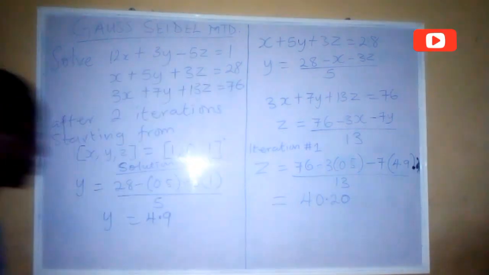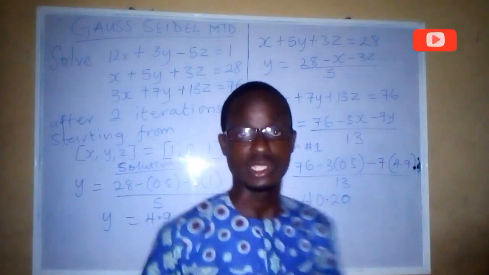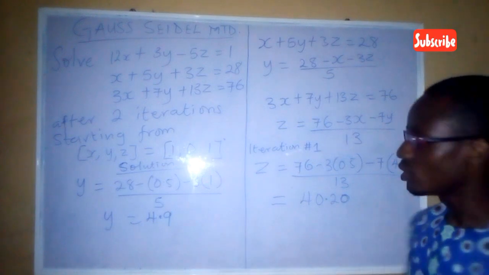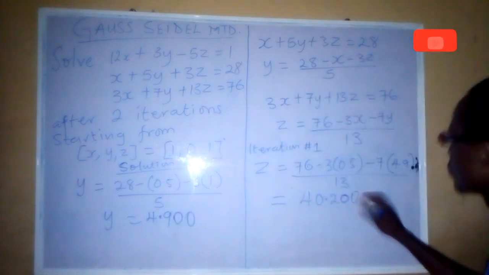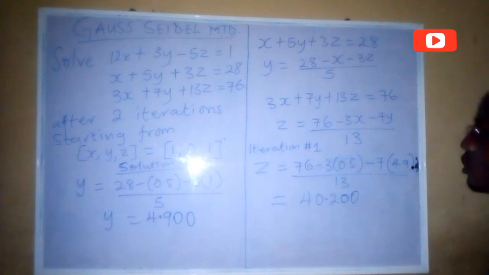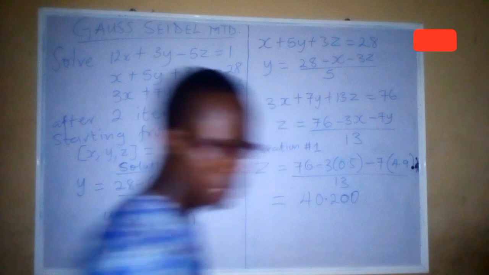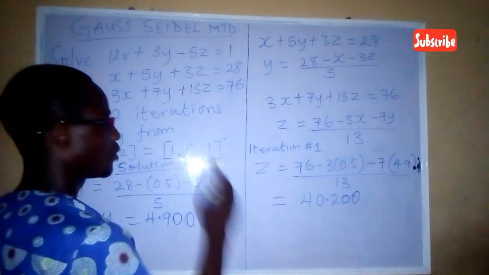Anyway, the answer is supposed to be given in at least 3 decimal places. But here I think we can just add 0, since the calculator is not giving us what we want in decimal, just to move closer to the accurate answer. So now we have actually gotten the solution for the first iteration.